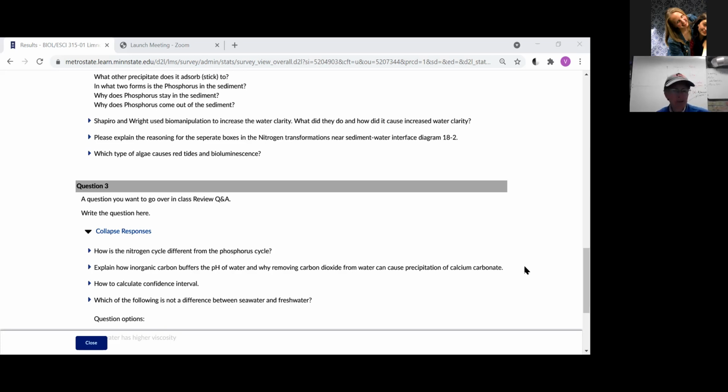There's very little nitrogen in rocks. You get a sedimentary rock and you crush it up and you let the water run over it. It's going to be a supply of phosphorus to the lake. It's going to be a bigger source of calcium and magnesium, which are the main formers of the rock. But there's always some phosphate tied up with the calcium carbonate, with the marl, the limestone. And nitrogen is just not like that. So I would say those are three big ways in which the nitrogen cycle is different from the phosphorus cycle.